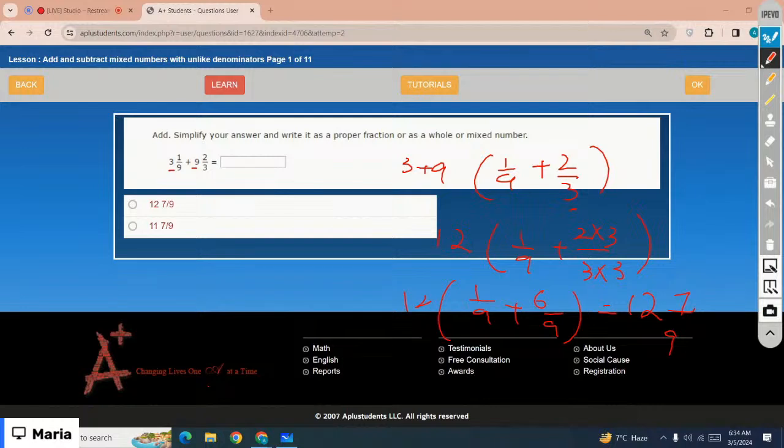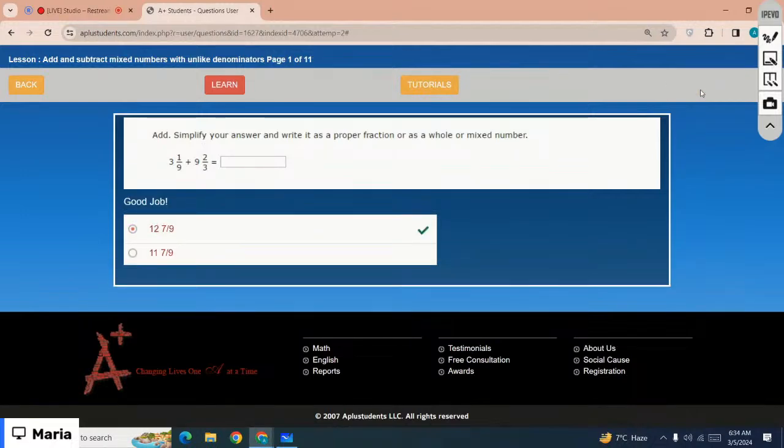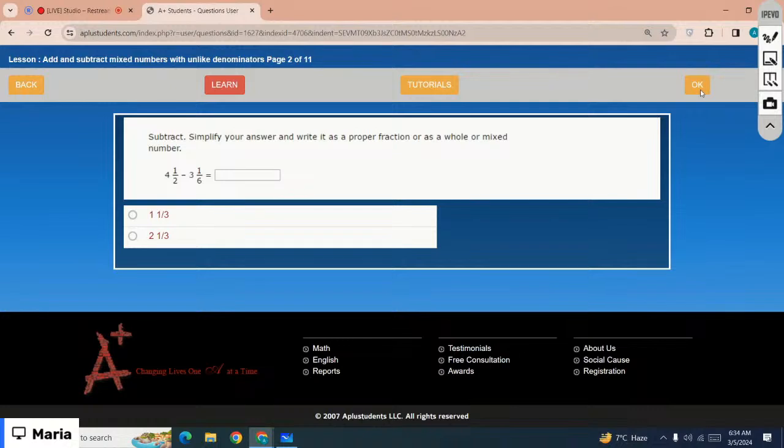The correct option is 12 whole 7 over 9. Okay, the next one is 4 whole 1 by 2 minus 3 whole 1 over 2. Which is the correct option?